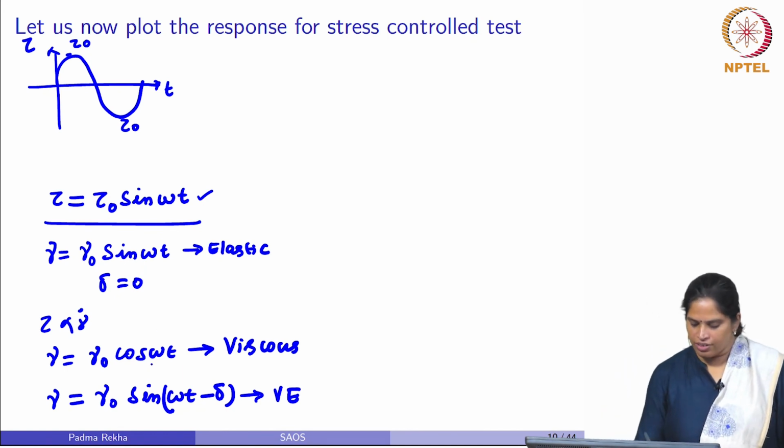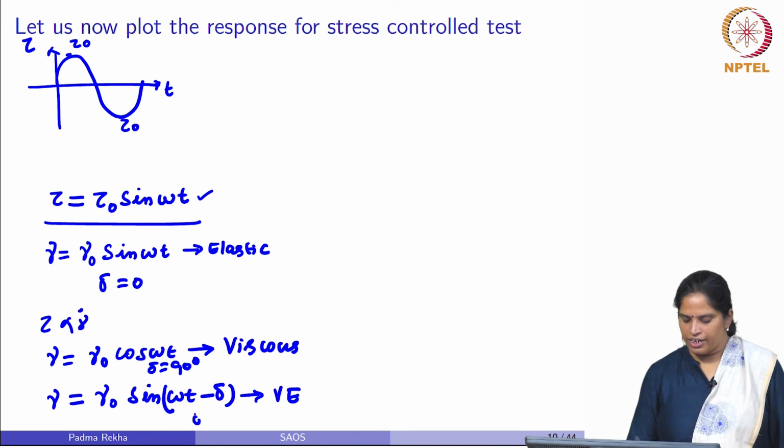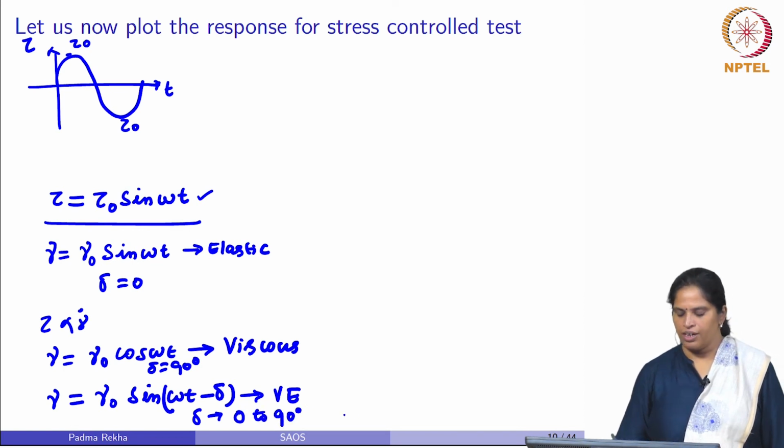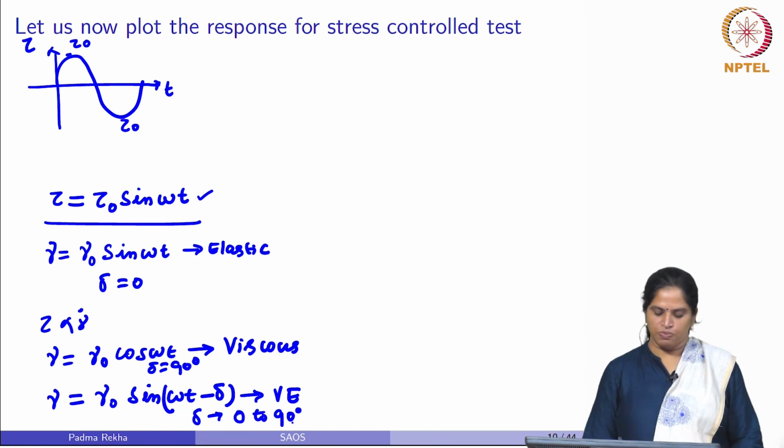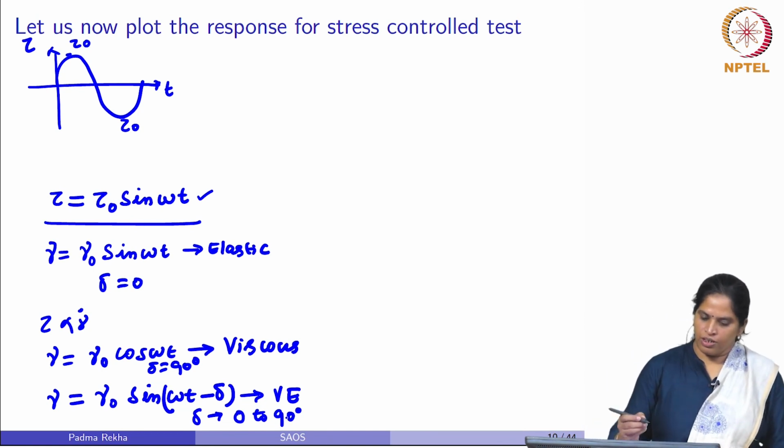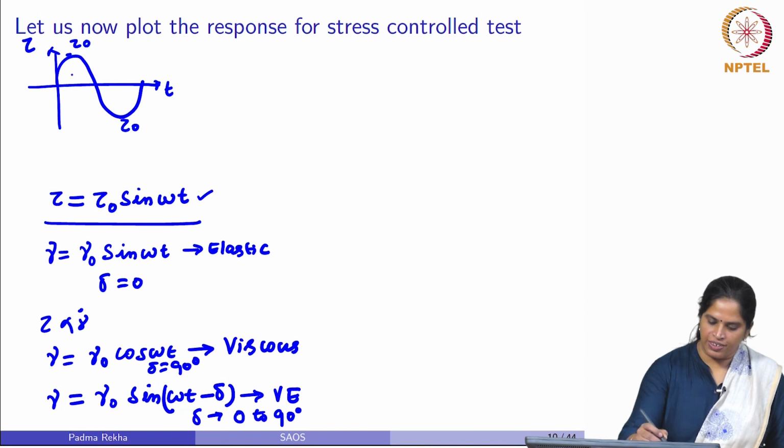So, it is minus delta, this is viscoelastic. Here this delta is 90 degree for a viscous material, and delta varies from 0 when elastic to completely viscous 90. So, for viscoelastic the delta value varies from 0 to 90 degree. Now, if you sketch the response function on the same line, the strain response function will also be sinusoidal with the same frequency.